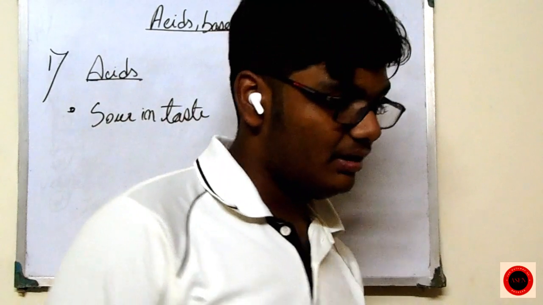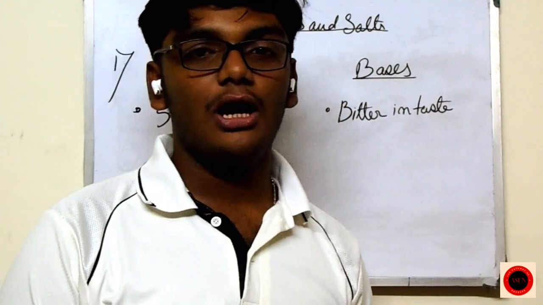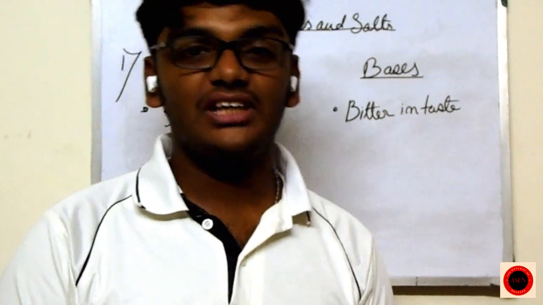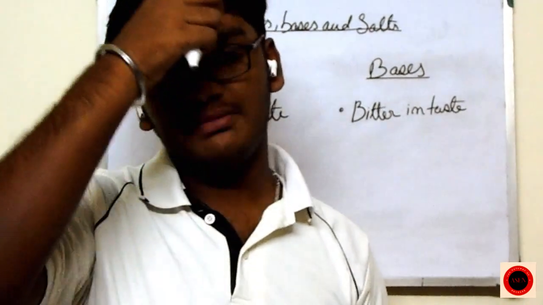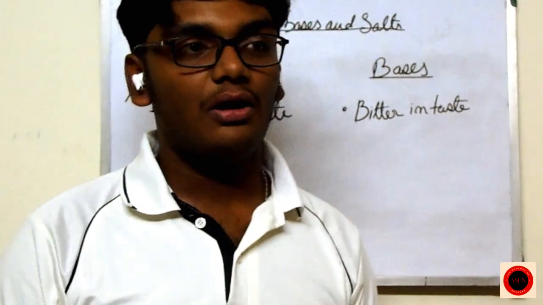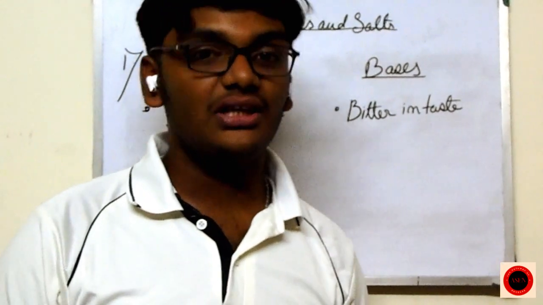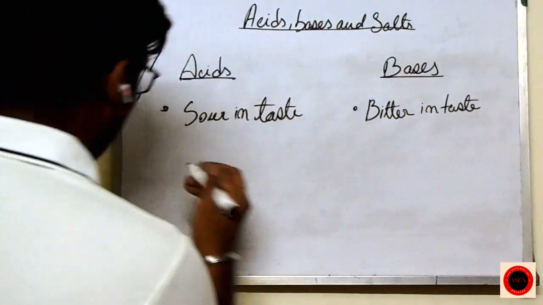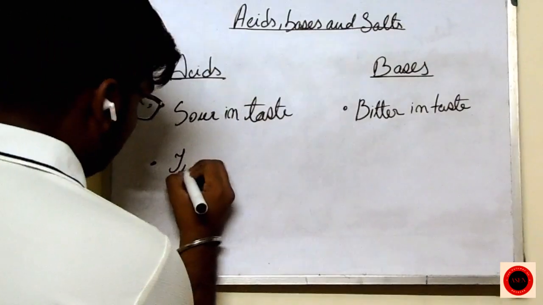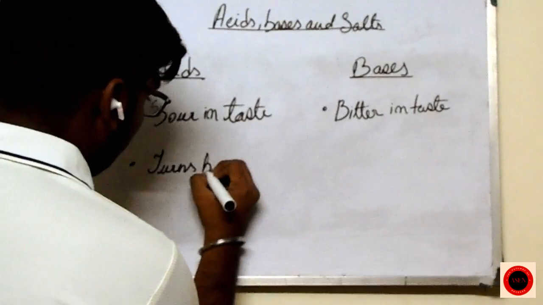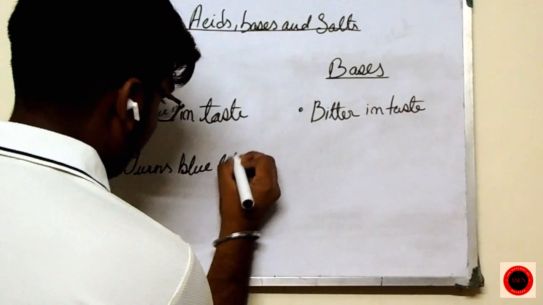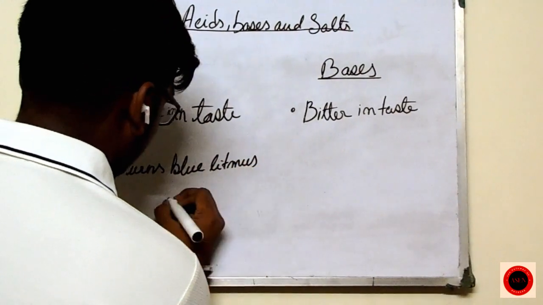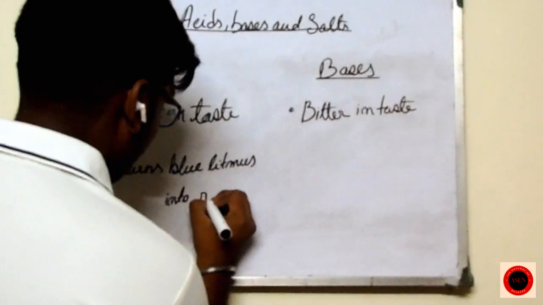The next difference is about the change of the litmus paper. We all know that litmus is an indicator. We will also learn what an indicator is in the next portion of this chapter. Acid turns blue litmus into red.